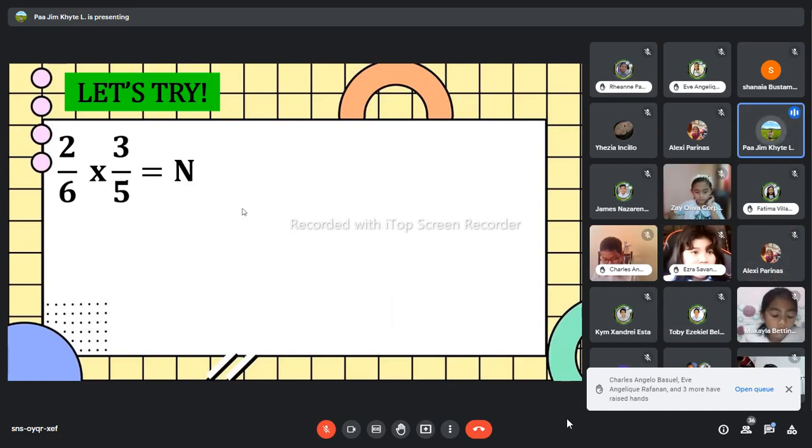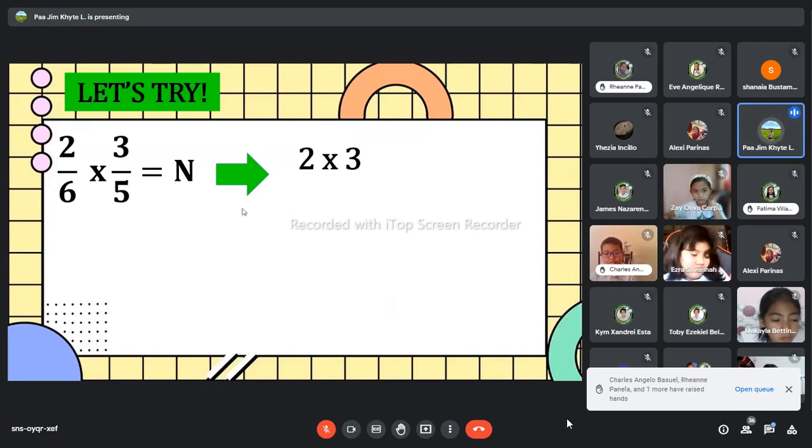So our equation is 2/6 multiplied by 3/5. The first thing that we're going to do is to combine the numerators and the denominators. So it will look like this: 2 times 3 over 6 times 5 is equal to n.